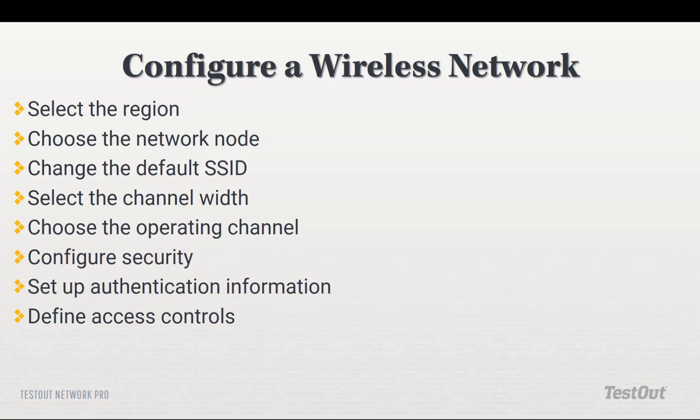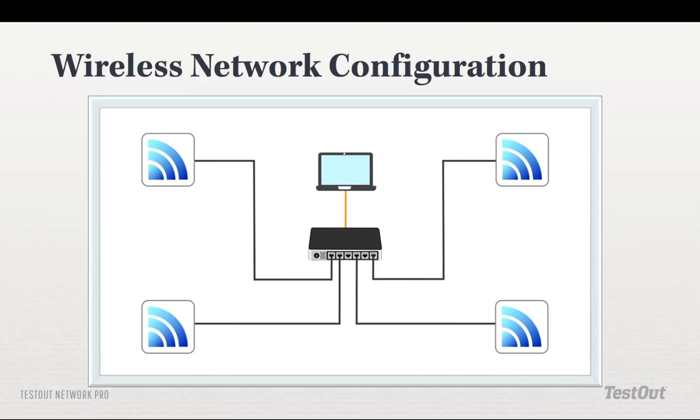However, there are people that drive around and are able to find out a MAC address, and then they can change the MAC address on their computer as well. So be very careful about that. Okay, here you have a network wireless configuration. Everything is going through one access point, which is acting like a switch in here.